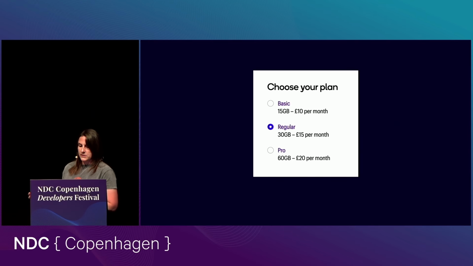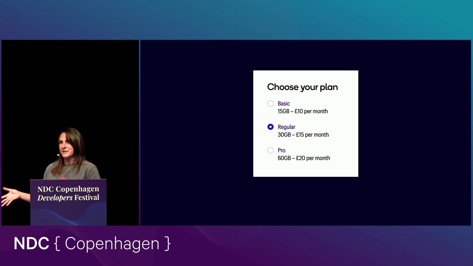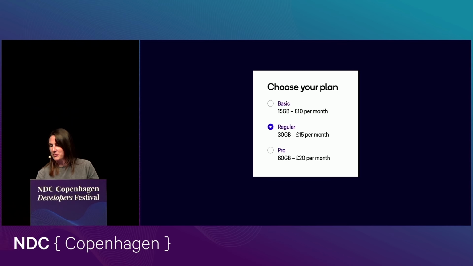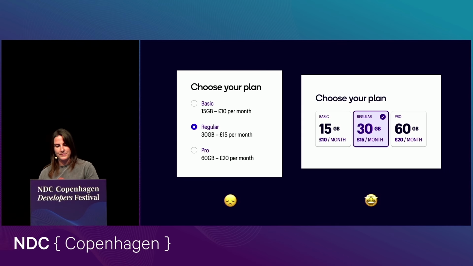Our next example is how can we make a radio button choice a bit more interesting? We don't always have to, but why not? Seems fine. But I think we can improve it. So let's consider the hierarchy here. What is the big difference between these choices that needs highlighting the most? So these are examples of data plans.